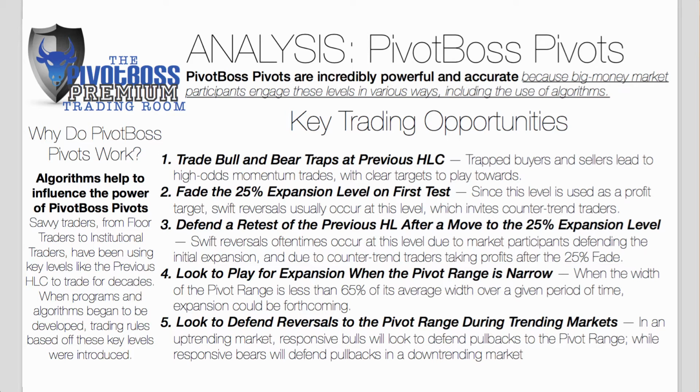Playing those bull and bear traps, whether it's at the previous high, low, or close, can help with identifying the next major momentum move. I know traders that all they do is try to run those stops and look for traps. They don't try to go with the flow. And we saw that today when we were looking at the ES as algos were defending the volume point of control.